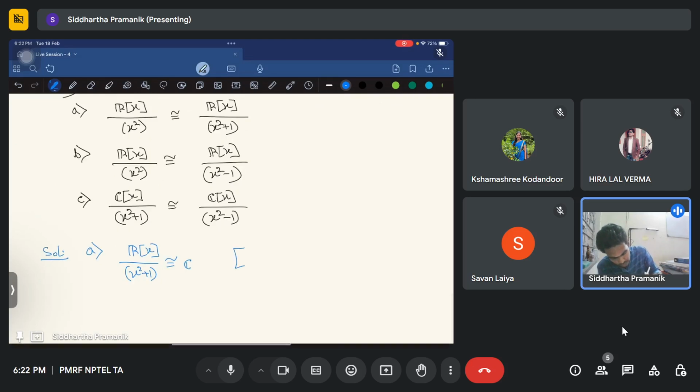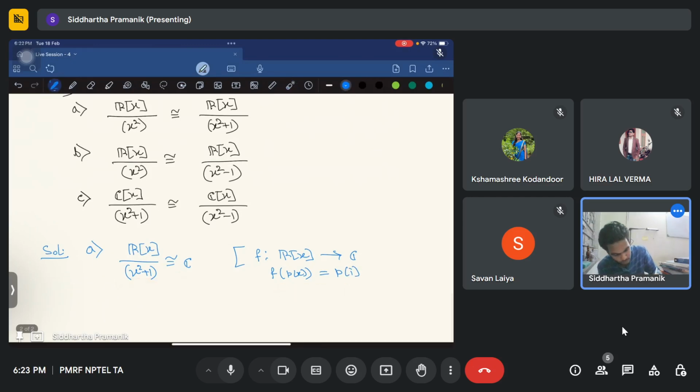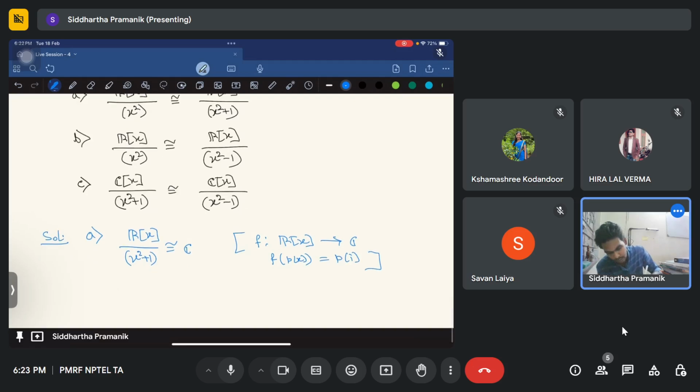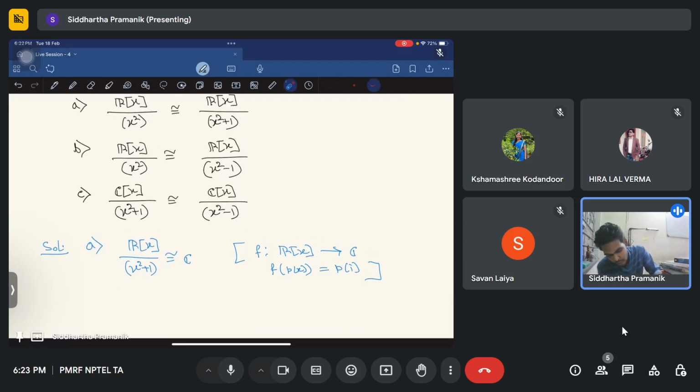If you take the map from R[x] to C, where p(x) maps to p(i), then you can see this isomorphism using this homomorphism. So try to prove this. That means this quotient is a field because C is a field.